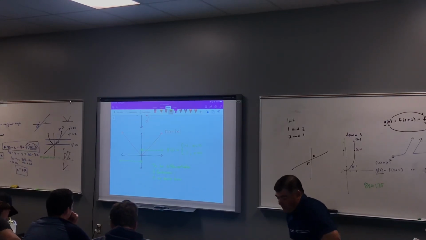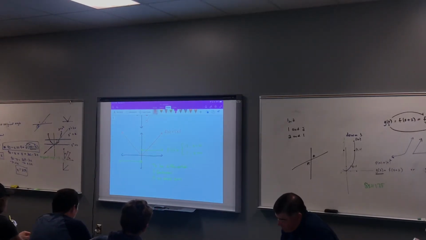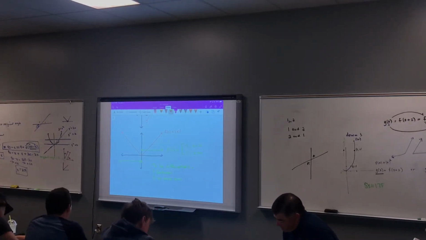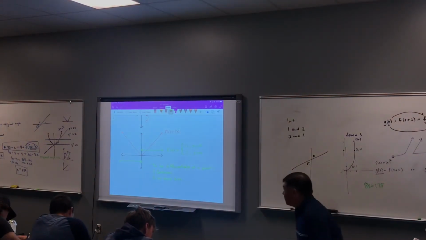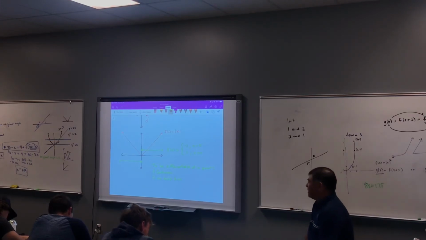Okay, so maybe a better way would be to say, to be differentiable at a point, okay, to be differentiable at a specific point, you have to be continuous. You can't have sharp turns. Right?